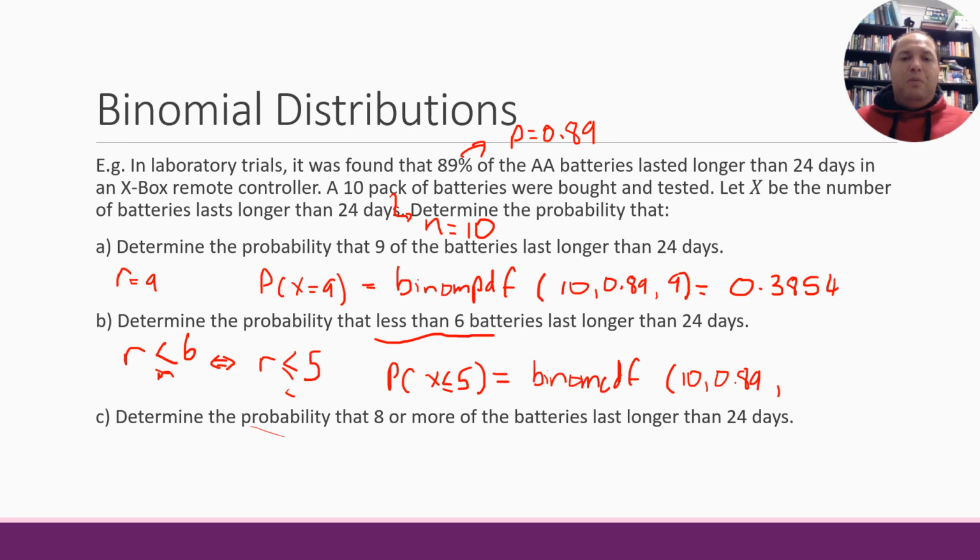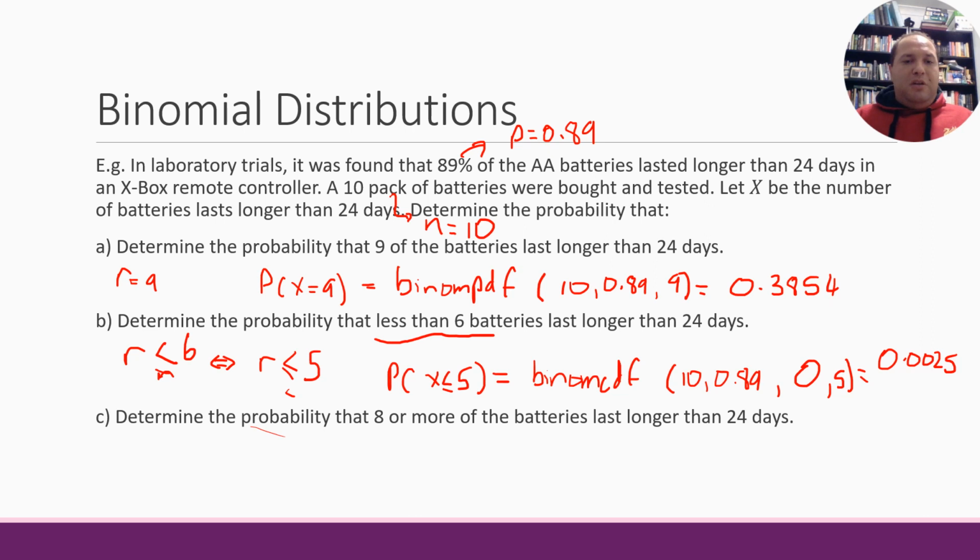Now this time, because I'm using CDF, I need my range of values. Well, my lowest value is going to be 0. That's the fewest I can get. And my upper value is 5. When I put that into the calculator, 0.0025. So a very low probability that there's 5 or fewer batteries that last longer than 24 days.